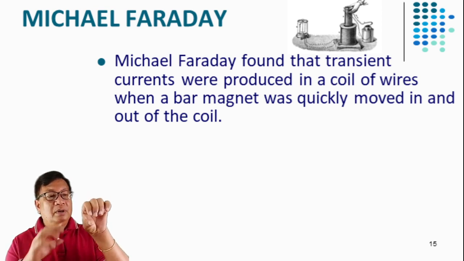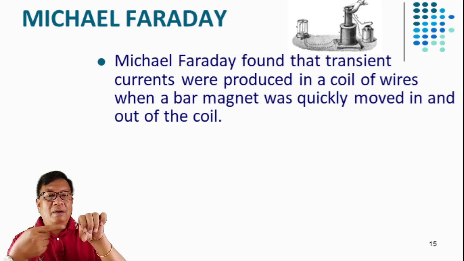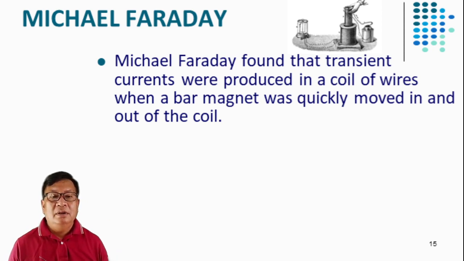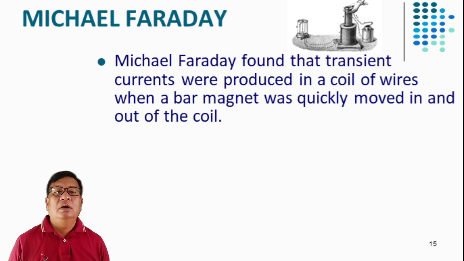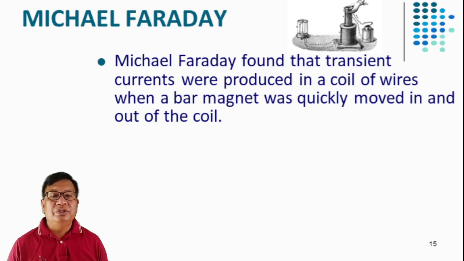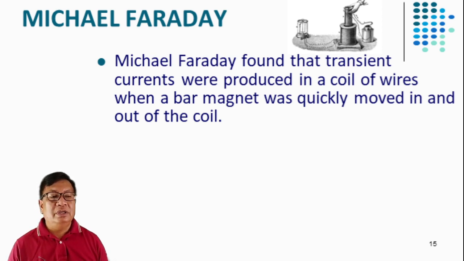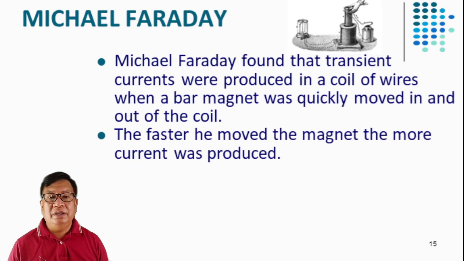So, mayroon tayong winding dito, mayroon papasok dito na magnet, then habang ito pong magnet natin ay i-move natin in and out, then mayroon po tayong mapoproduce na kuryente, or tinatawag po natin na transient current na mapoproduce dito sa conductor turns ng ating conductor. Okay, so the faster he move, meaning the faster Michael Faraday moved the magnet, the more current was produced.